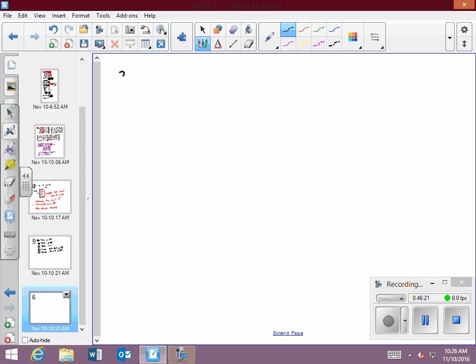Problem 20 says, what is the rank of a 4 by 5 matrix whose null space is 3-dimensional?